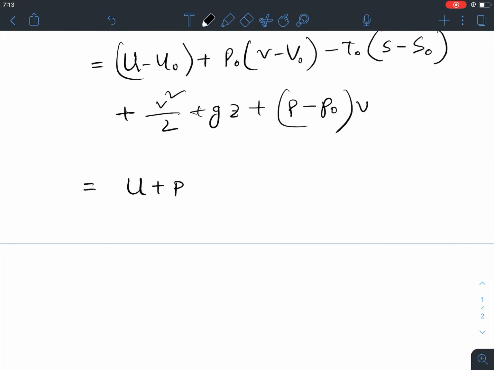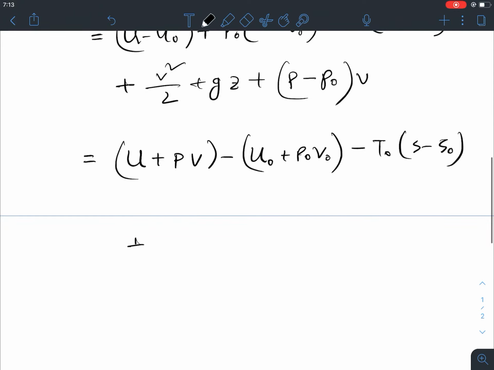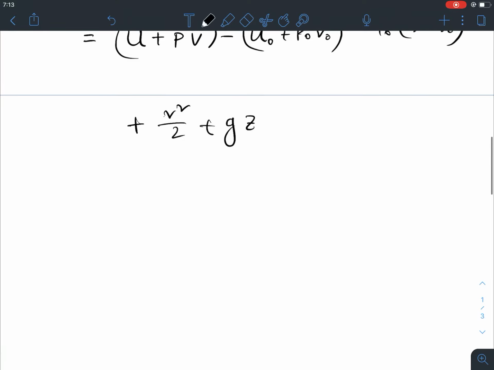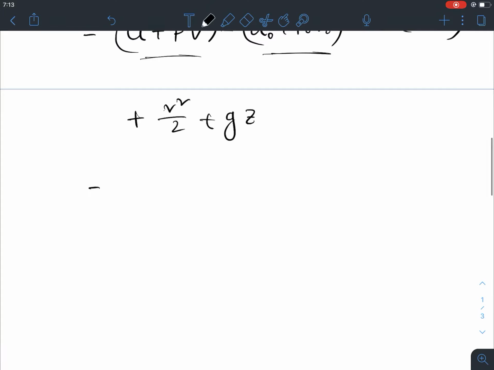If we simplify it more, it will become U plus PV minus U naught plus P naught V naught, minus T naught times (S minus S naught), plus V squared divided by 2 plus gZ. We know that this relationship here is enthalpy.